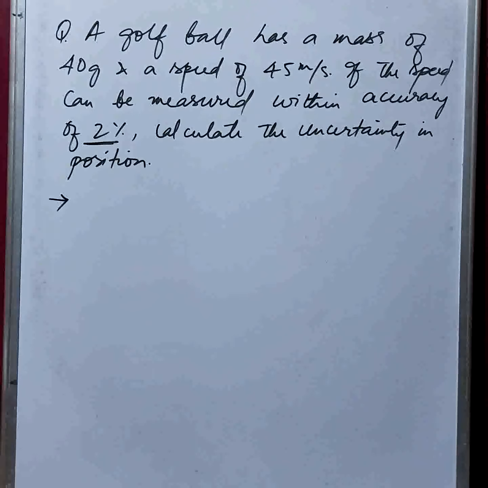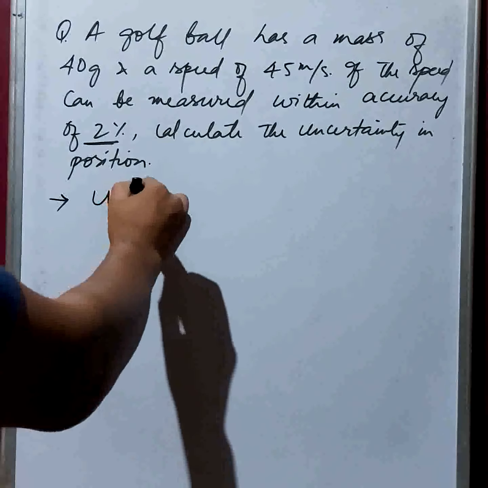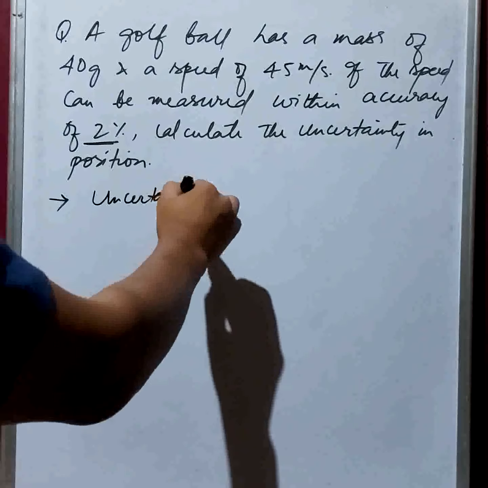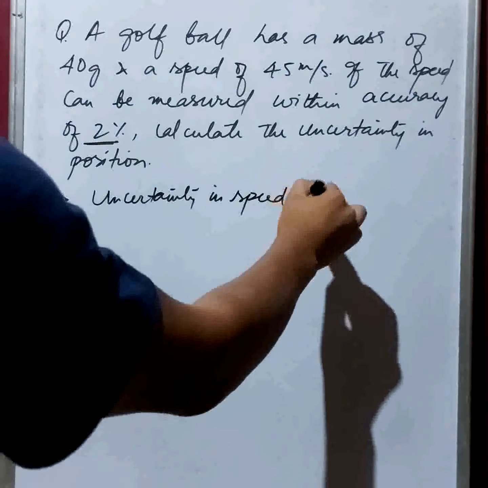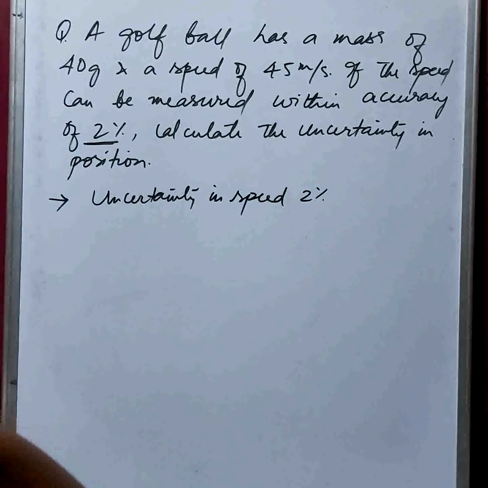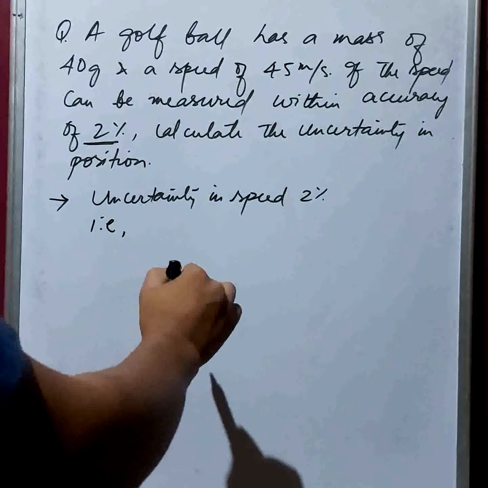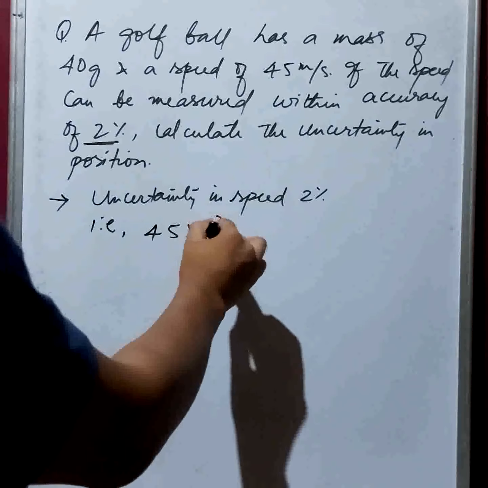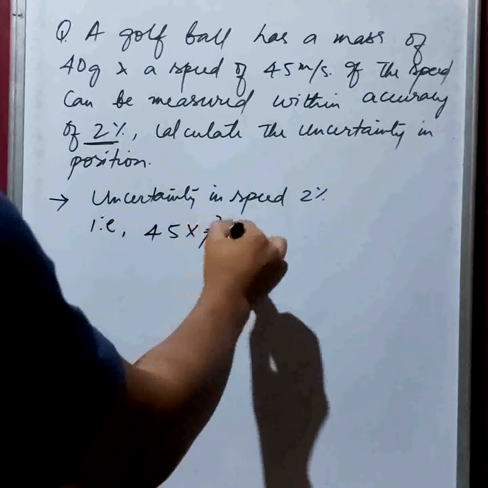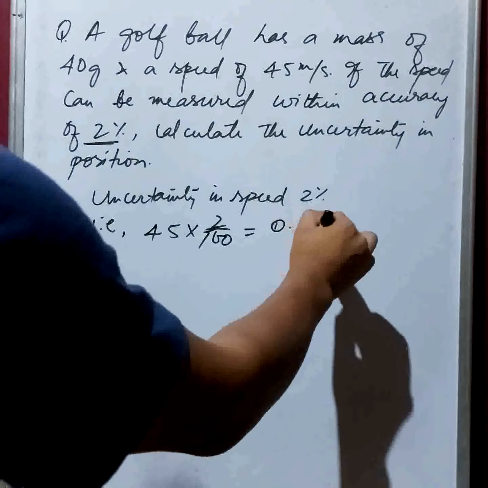So the uncertainty in speed is 2%, that is 45 into 2 by 100, which is equal to 0.9 meters per second.